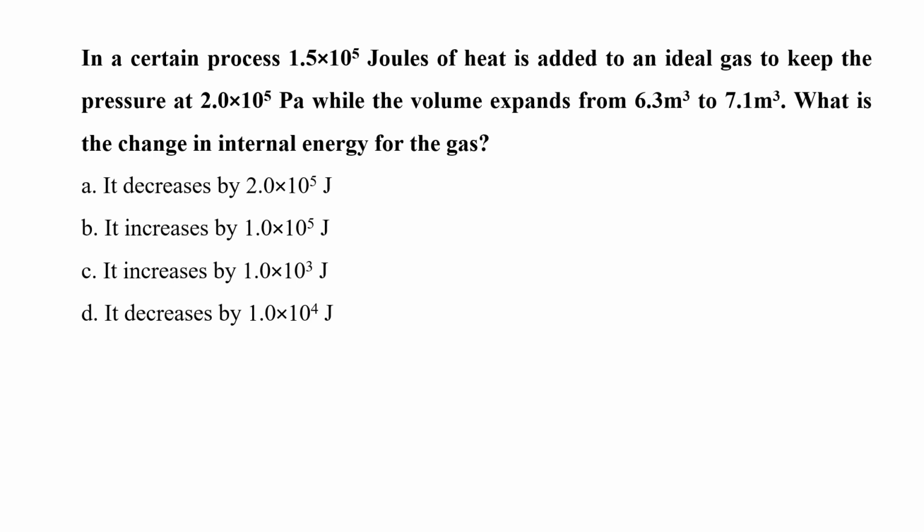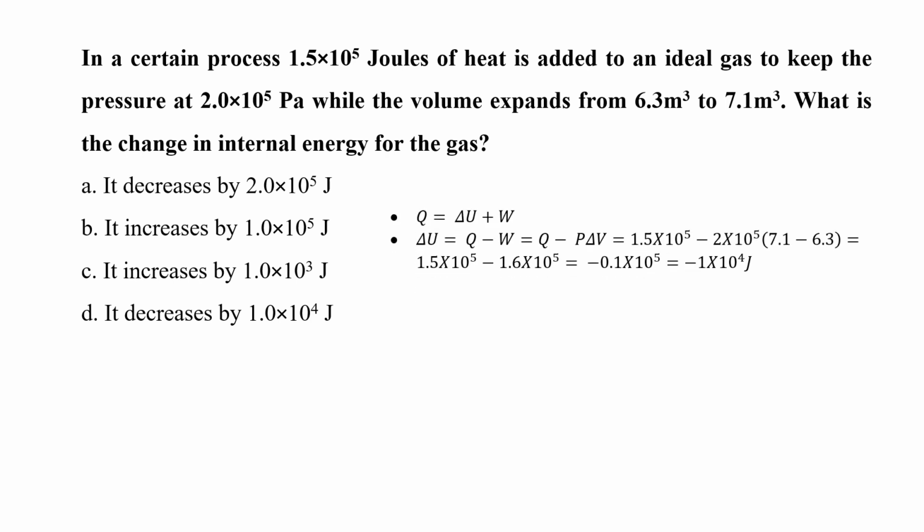In this process, the pressure is maintained at a constant. So, it is an isobaric process. For an isobaric process, Q or heat is equal to the change in internal energy, delta U, plus W. So, delta U is given by Q minus W, where W is P delta V, that is pressure, which is constant, into the change in volume.